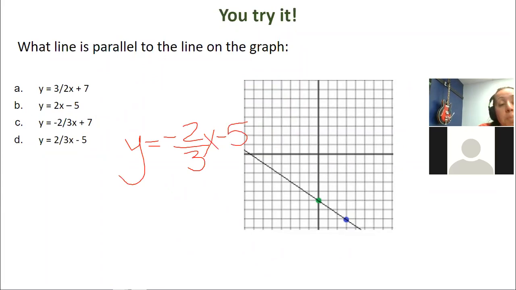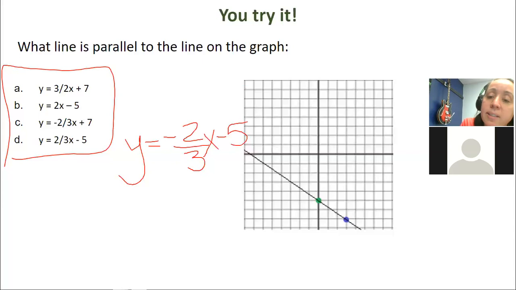So which one would be parallel to that line? That's what I want to ask. C. You are correct. So 1, 2, 3, 4, 5, 6, 7. And then we go down 2, right 3. Sorry about the confusion.